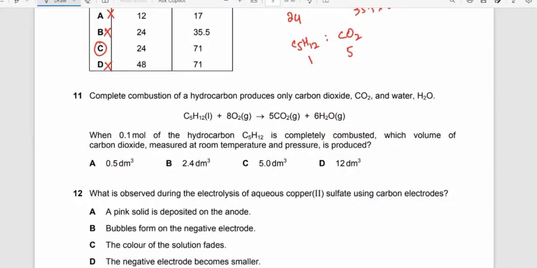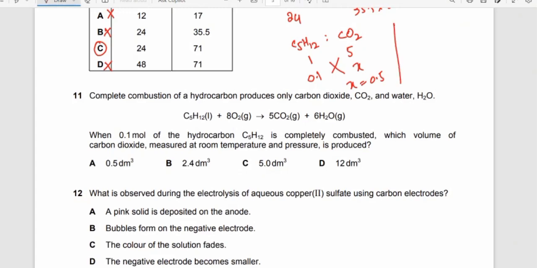So if 0.1 mole of hydrocarbon is used, what will be its amount? Now let's see it. X is equal to 0.5. The amount of moles of carbon dioxide produced will be 0.5.